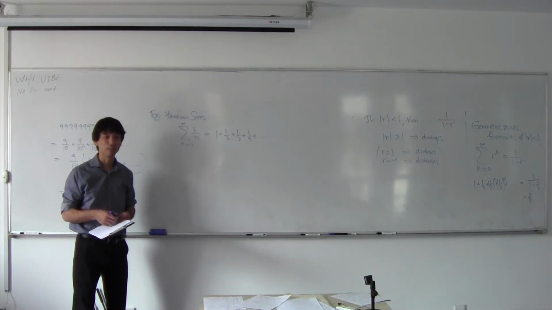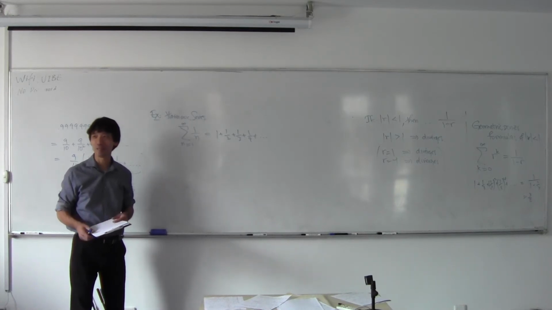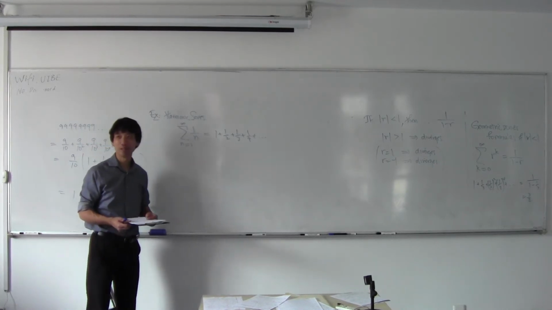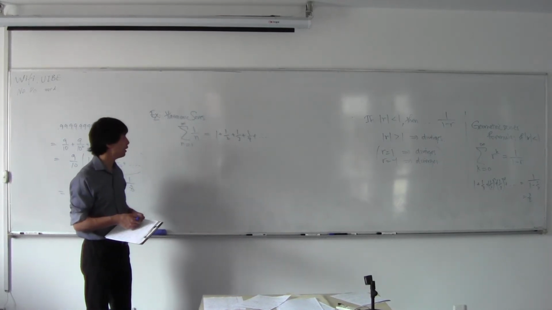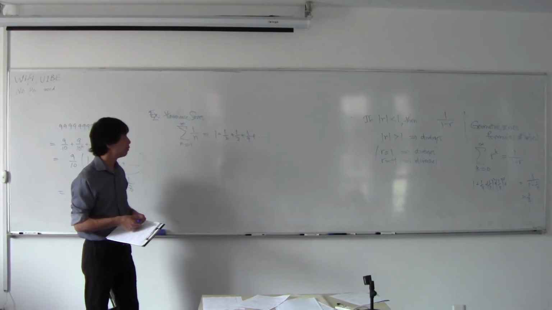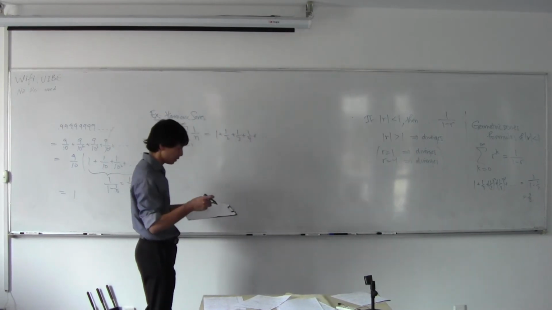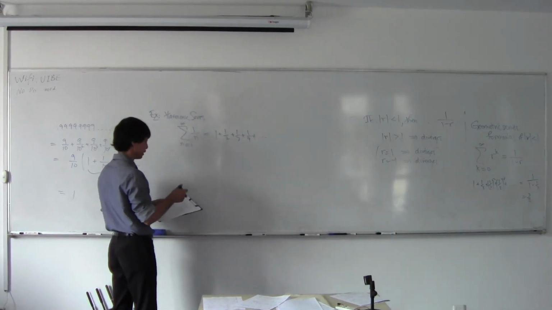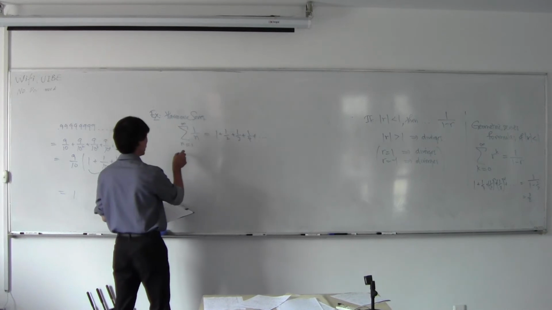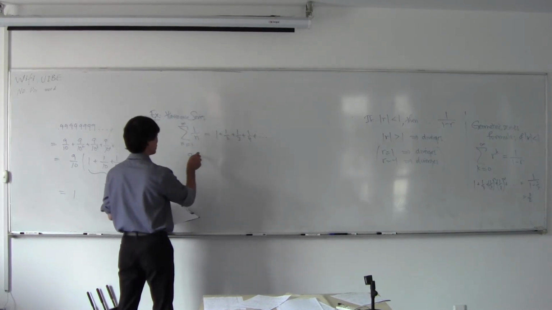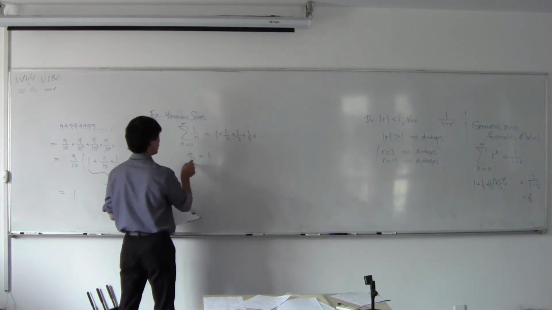The answer is, it's infinite. It turns out to be infinite. Okay. There are a couple of ways you can see this. One way, okay, so I'll show one way. Think like this. S1 is 1, right?